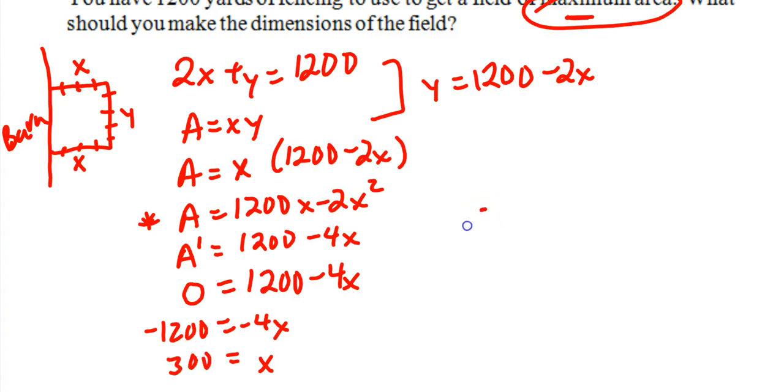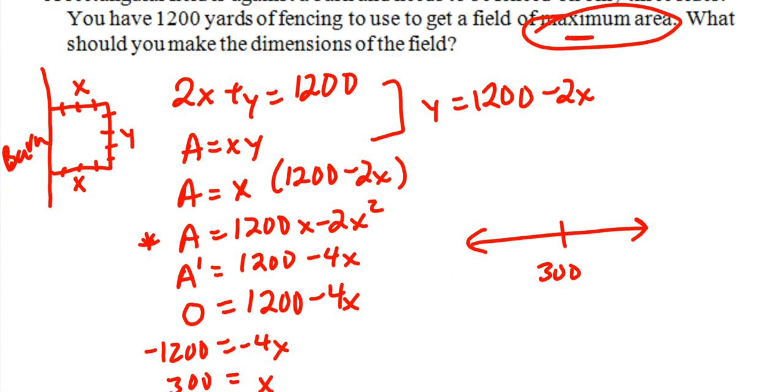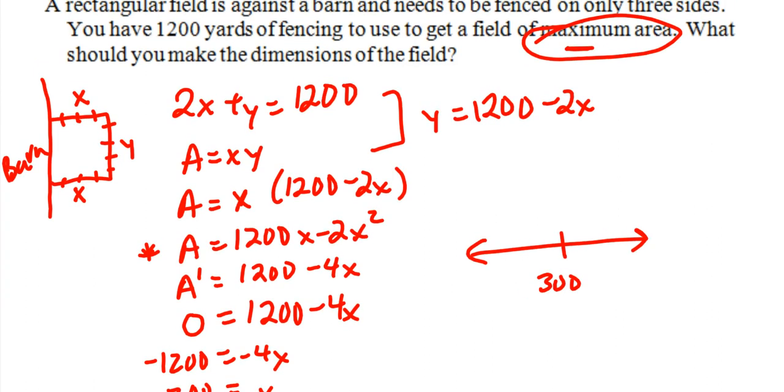So again, let's think about our critical numbers here. 300, and we're going to test that on our first derivative line. In this case, though, we do want to restrict our domain. So clearly we're talking about a rectangular field here. So we would have to have boundaries of 0 all the way up to the amount of fencing that we have.